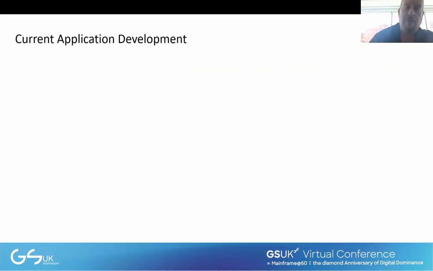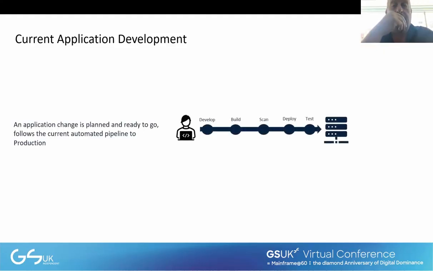So let's think about current application development. Like I said, you have a pipeline. Your engineers are writing and developing code, and they probably have some kind of CI process locally where they're doing a build and running some tests, or at least doing a compile.